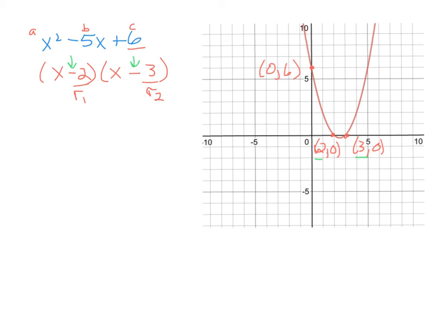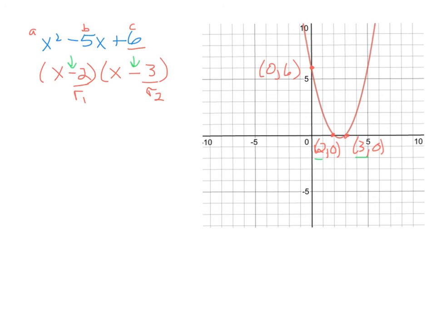All right, the next one is vertex form, but I don't know what the vertex form is for this particular equation. There are processes that I can use to find it, but we're going to hold off on that because we're going to use vertex form later in a different video to actually be able to solve the quadratic.